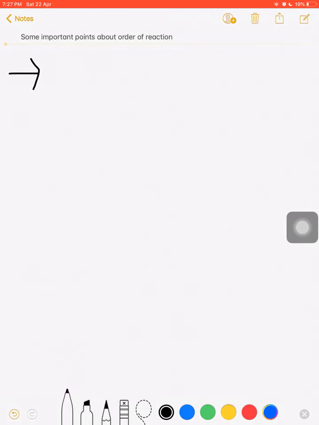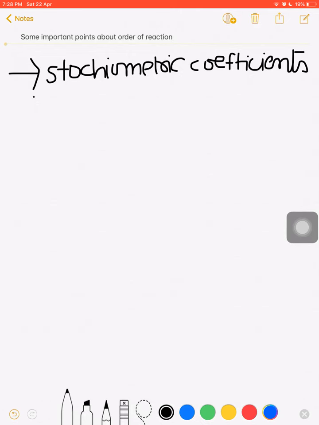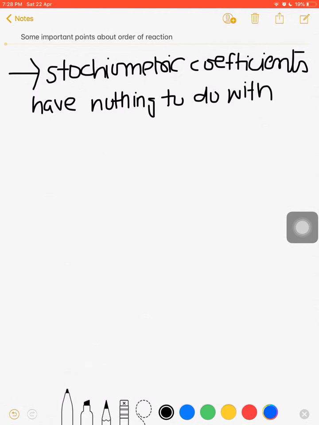The first point, which I told you in my first video as well, is that stoichiometric coefficients have nothing to do with order.